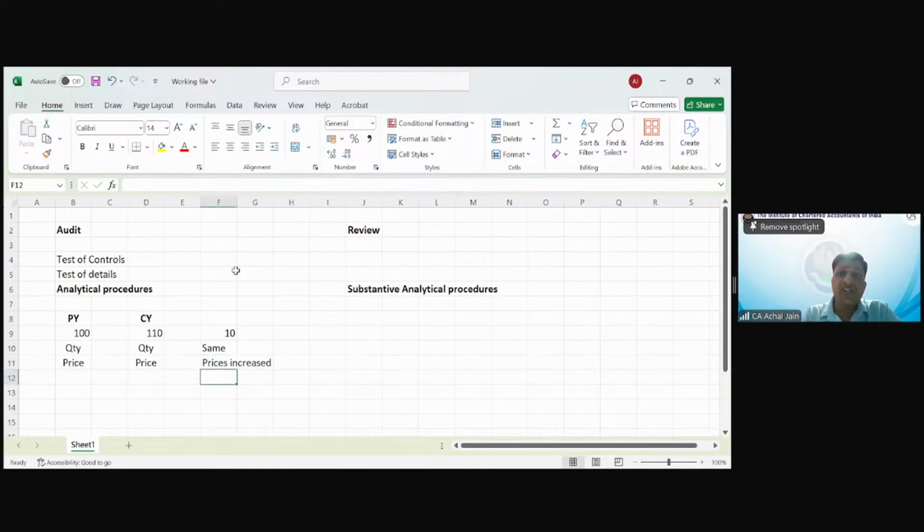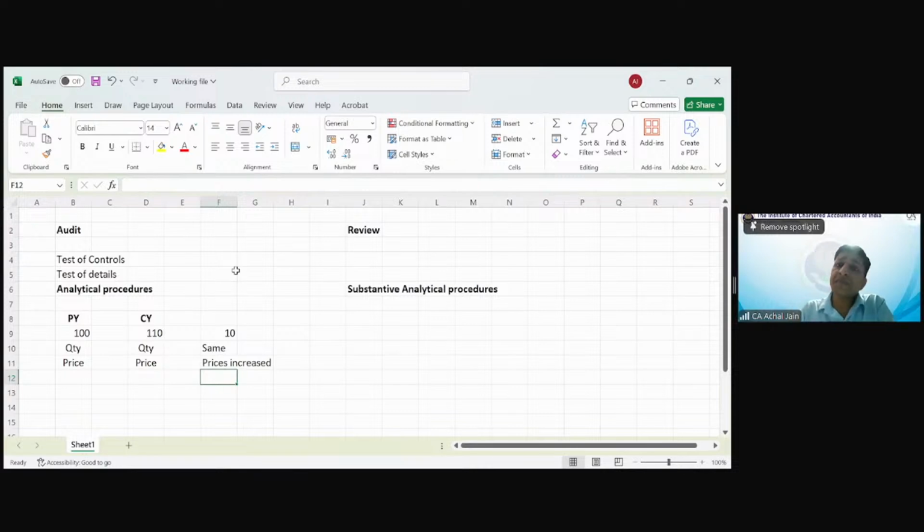So what will you do? Just to substantiate that whatever the client personnel has explained, whether that is correct or not, you may just ask them, can you show me one agreement wherein I can see the sale prices have increased as compared to the previous year? And by doing that, what are you trying to do?